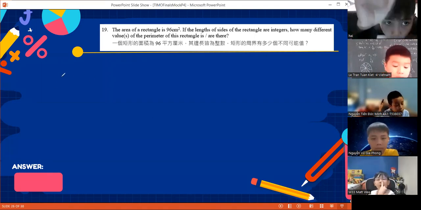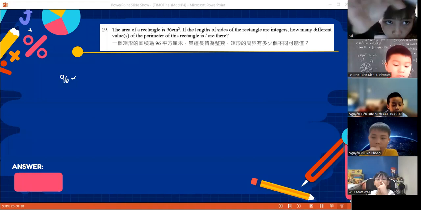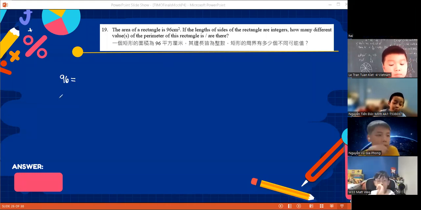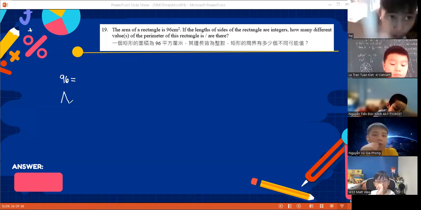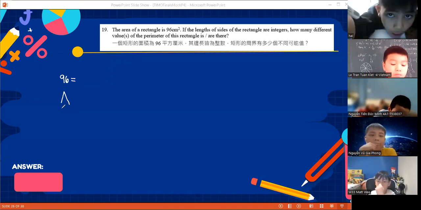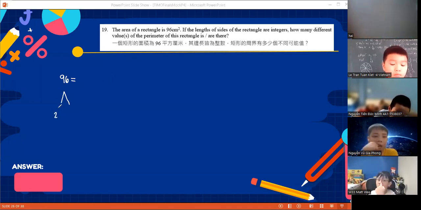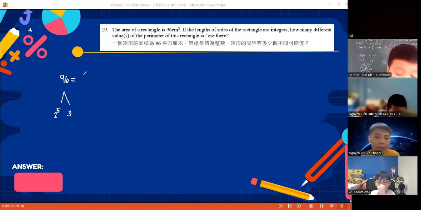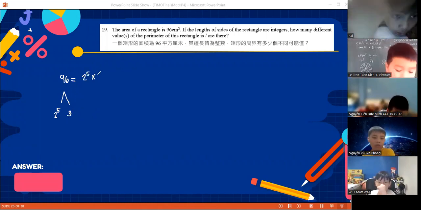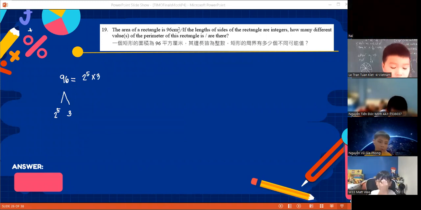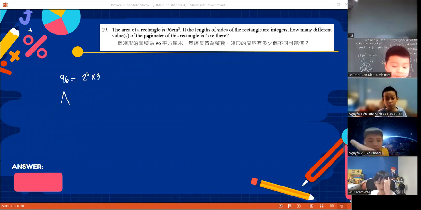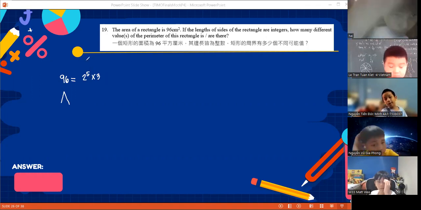Okay. So first, I will teach you the shortcut. So what is 96? 96 here is 2 raised to 5 times 3, right? If you want to know how I get that one, this is prime factorization.